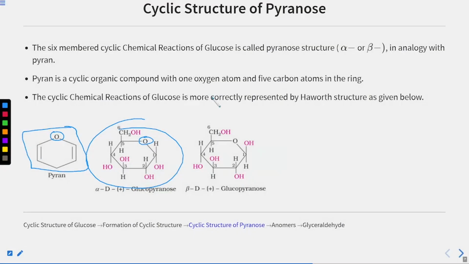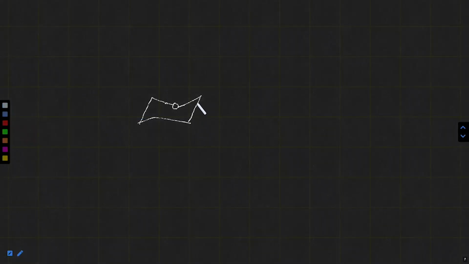Now H is present on the upside and OH is present on the downside. I am placing it here only.